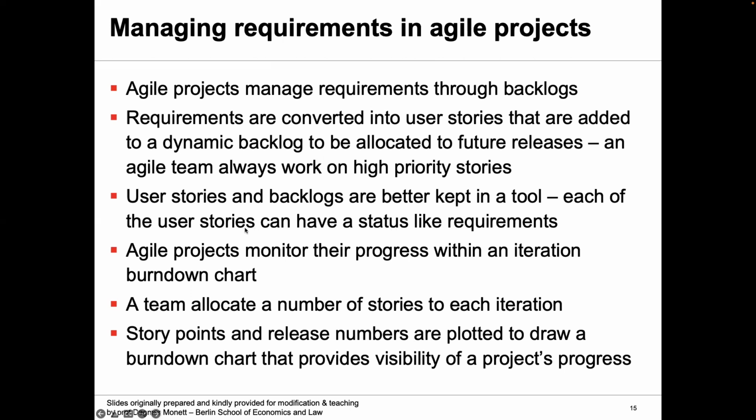Which user story is in progress, in development, approved, going to be implemented, verified, rejected, or deferred. Just attaching that status to the user story is a really good way of managing your Agile projects.